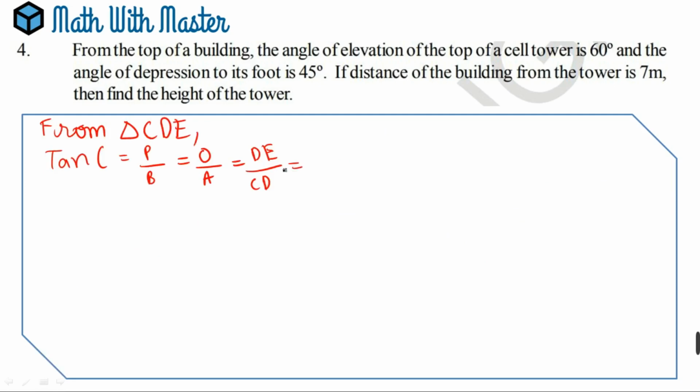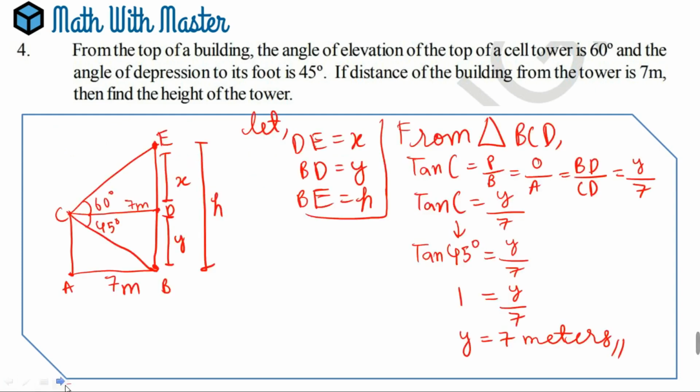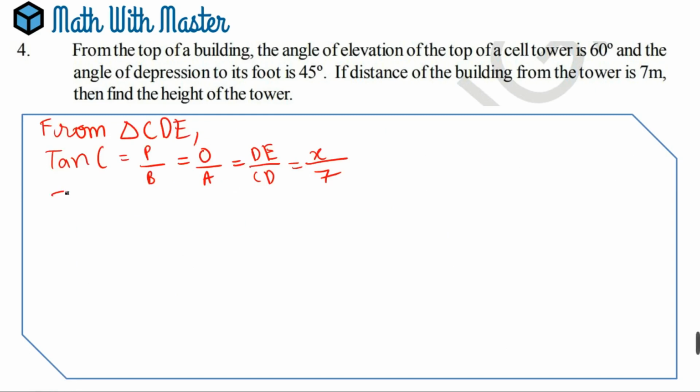We have let DE as X upon CD is 7 meters. You can see here. And now we know that tan C is equal to X upon 7.